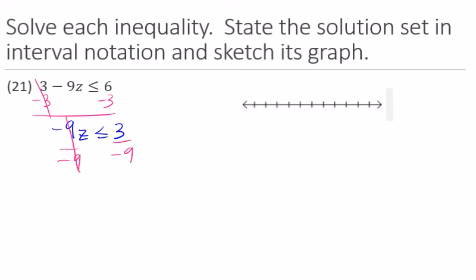Right? Key word there being negative 9, right? So what's going to happen? That's right. The inequality flips around. So we end up with z is greater than or equal to 3 divided by negative 9, which is negative 1/3.